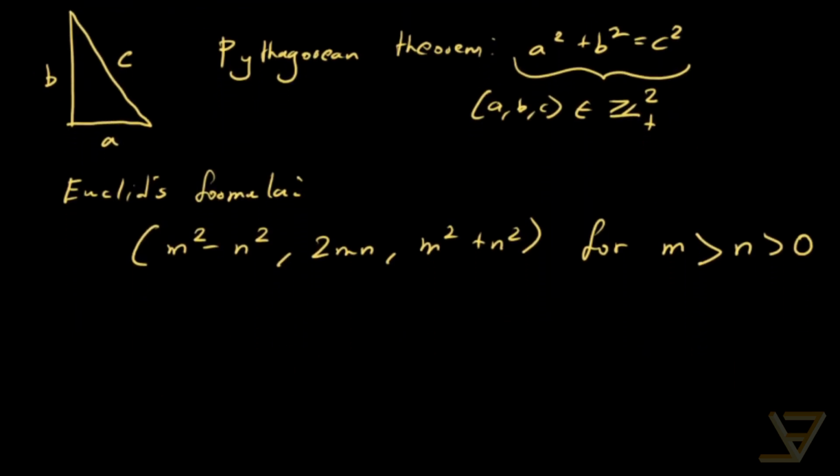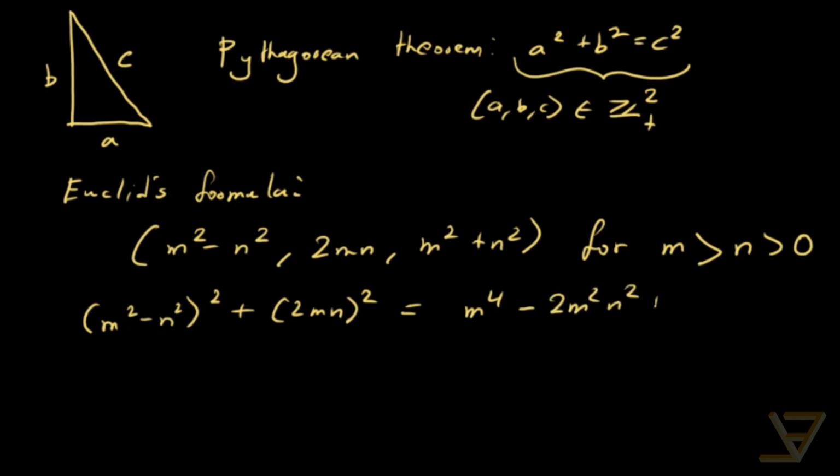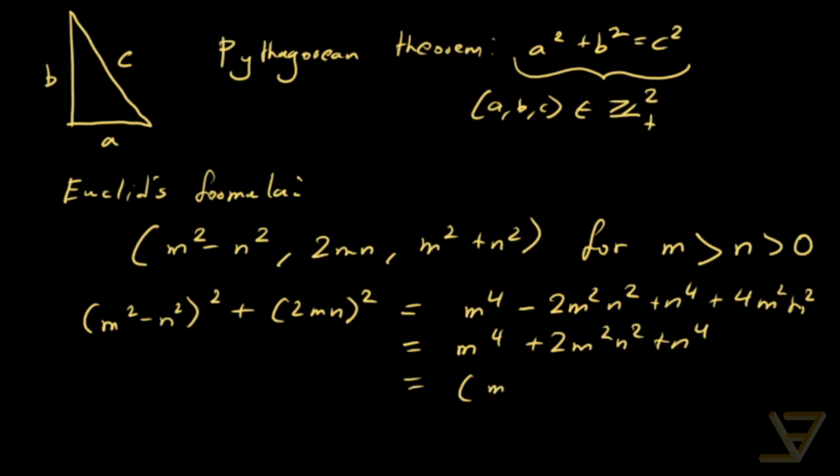What we can check is that (m squared minus n squared) squared plus (2mn) squared is equal to m to the 4 minus 2m squared n squared plus n to the 4 plus 4m squared n squared, which is equal to m to the 4 plus 2m squared n squared plus n to the 4, and that's equal to (m squared plus n squared) squared.